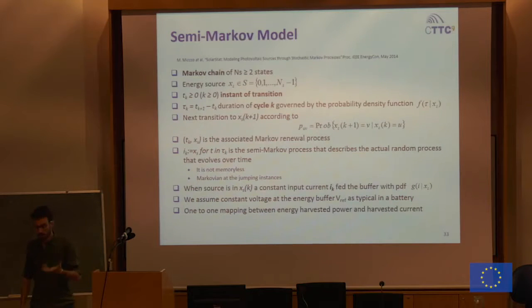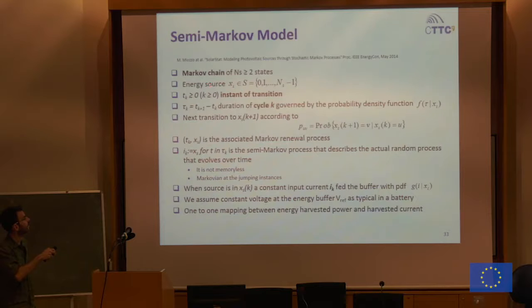And then based on this characterization, together with Marco, Michele, and some colleagues in Padua, we tried to structure a Markov chain to characterize the amount of energy that is produced by a solar panel in a given zone of our planet. So in this case, we use a semi-Markov model.